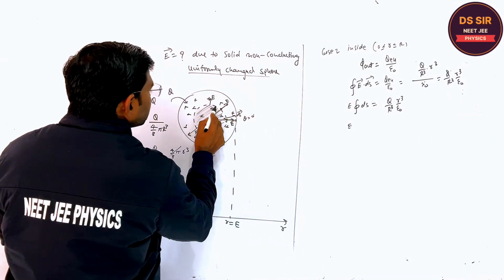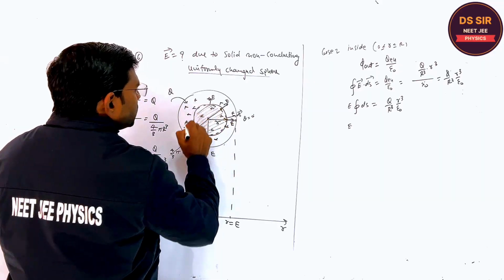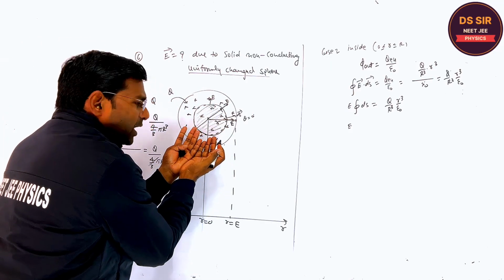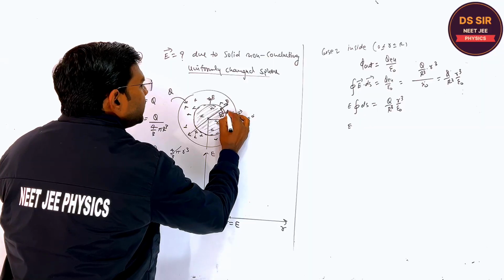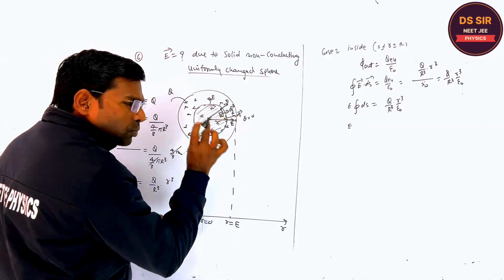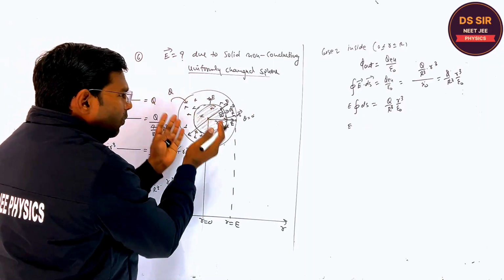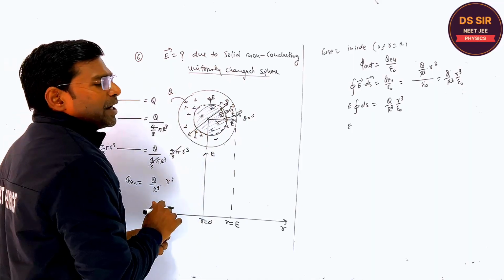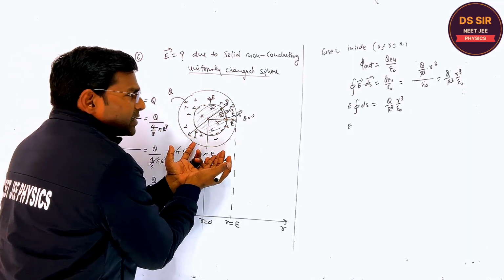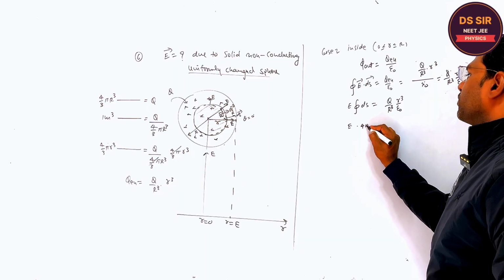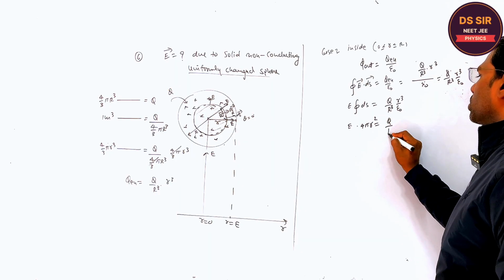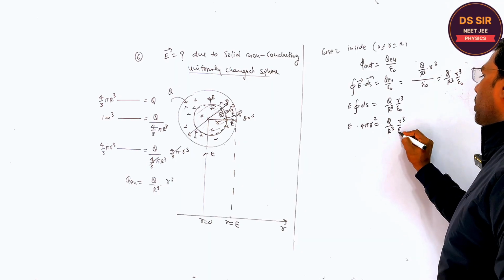This Gaussian surface is a sphere of radius r. If you consider the elemental area dS over the surface and integrate, the integration of dS is the total surface area, which is equal to 4 pi r square.